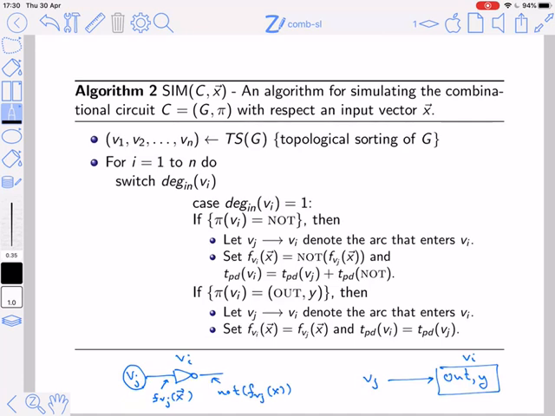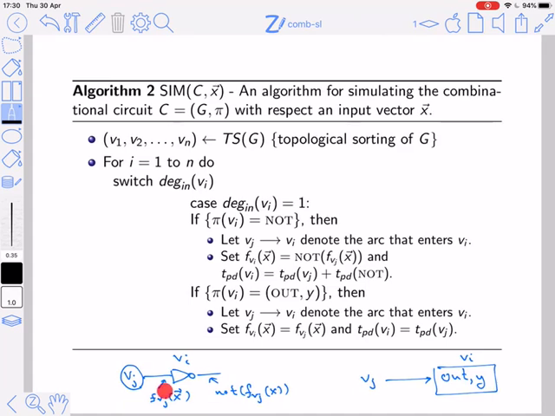In the second case, where the in-degree is 1, there are two options. Either Vi is an output gate, which has a single input, or Vi is an inverter, which has a single input and one output. If Vi is an inverter, then this inverter is fed by another vertex, say Vj, and we know that j is less than i because of the topological ordering. So it means that we already scanned Vj, and we already determined the value of fVj.